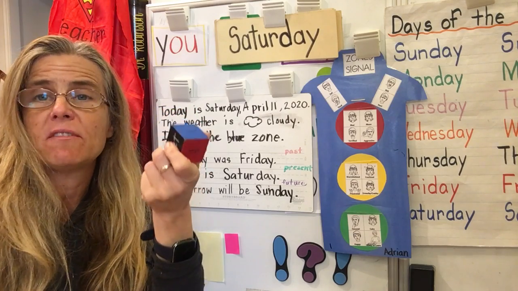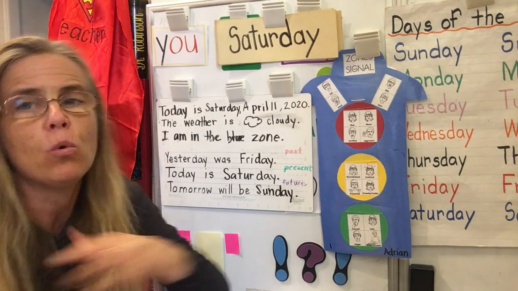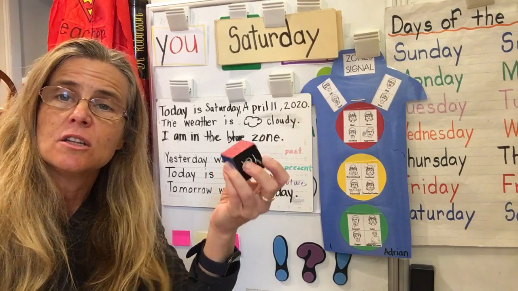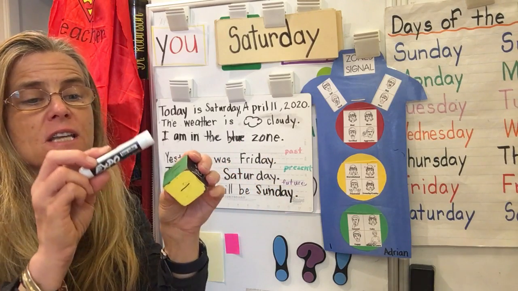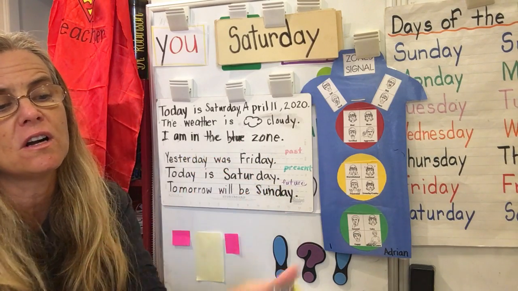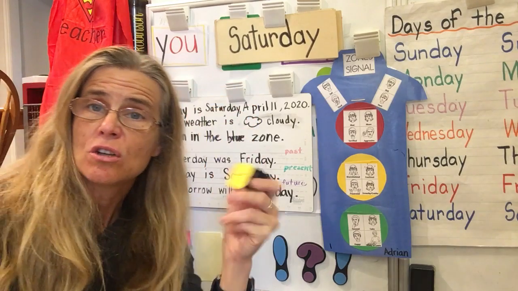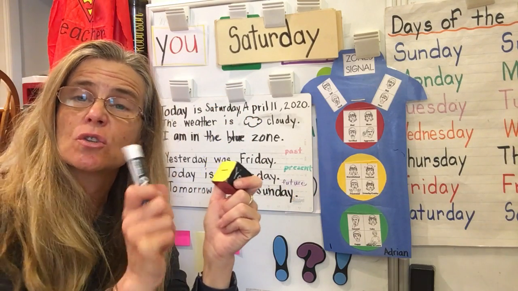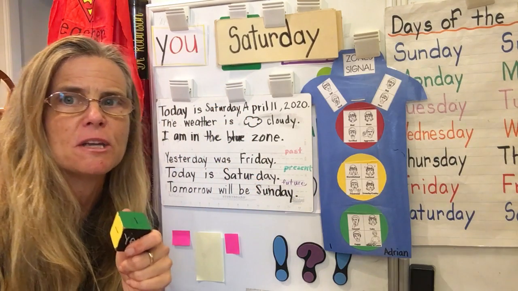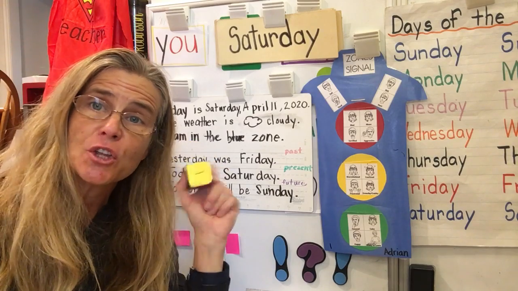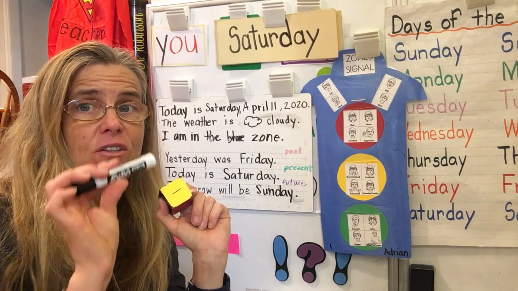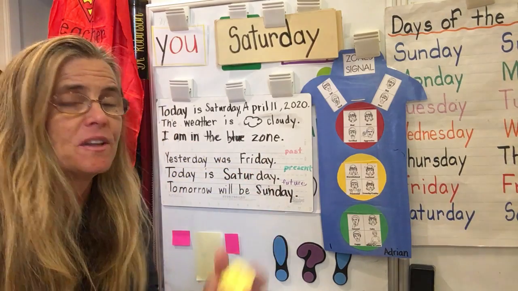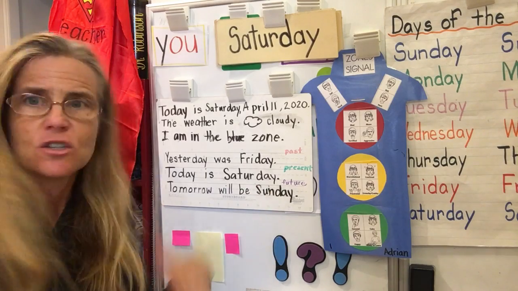You can make it out of paper, just have to fold it all in, or find an old block that you don't use at your house. You just have to make sure it has 1, 2, 3, 4, 5, 6. So you could also use a dice. You could just scribble on it with a permanent marker if you have permission. And you could probably give each a value. That would be kind of cool too. And then you could roll it to see which zone you're in. So it could be a game.